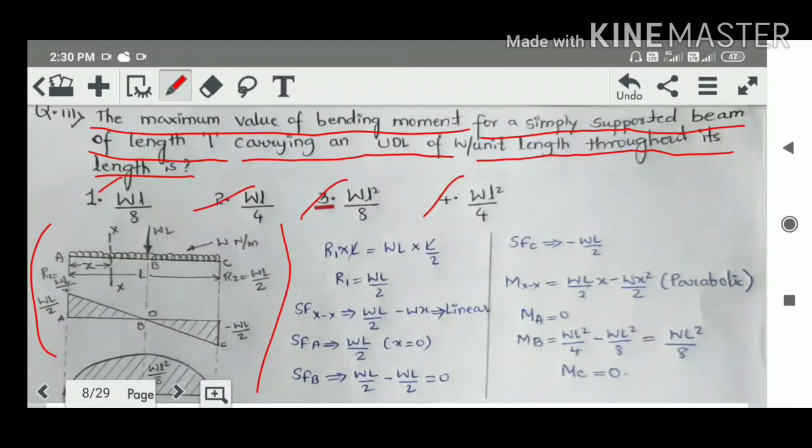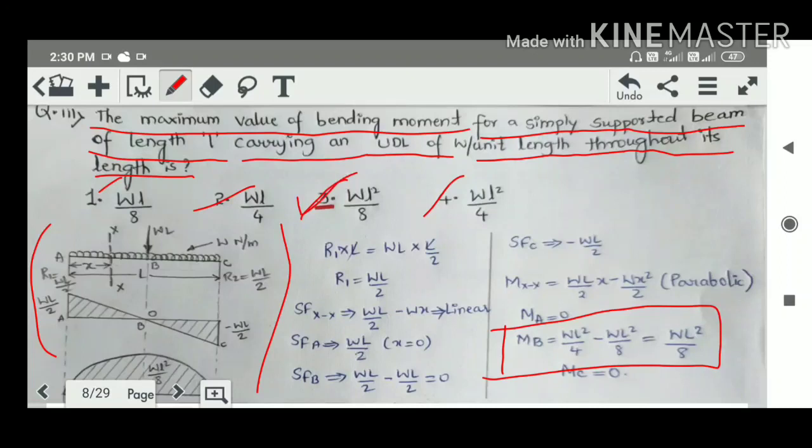After solving you will get the answer WL square by 8. This is the correct answer. Okay friends, you solve and try and find out the correct answer. The correct option for this question is option number 3. WL square by 8 is the correct answer for this question.